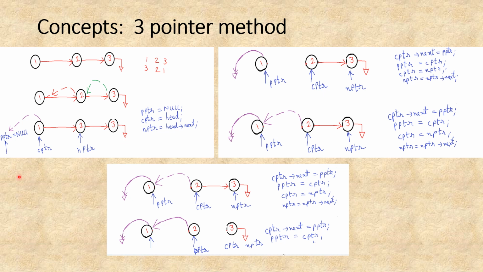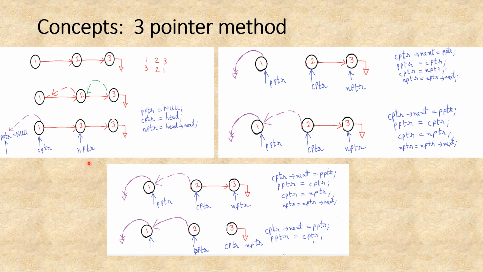The reason being, the first pointer is required to null terminate 1. The head of the node is 1 in this case. The second pointer is the current pointer or the head of the node, and the next pointer is the one on the right hand side of the head of the node.